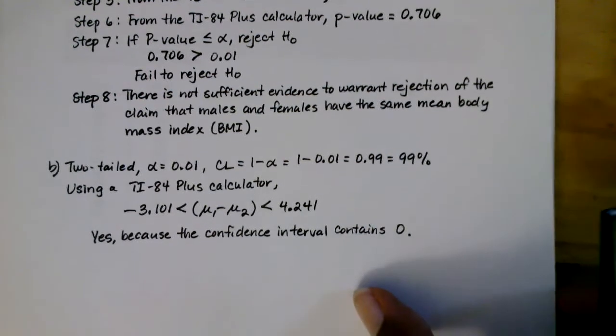Okay, here's one last example in this video. This is a little bit different because now you're given the raw data. Listed in the data table are amounts of strontium-90 in a simple random sample of baby teeth obtained from residents in 2 cities.